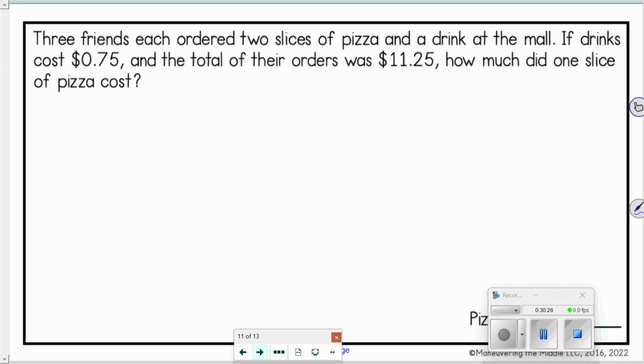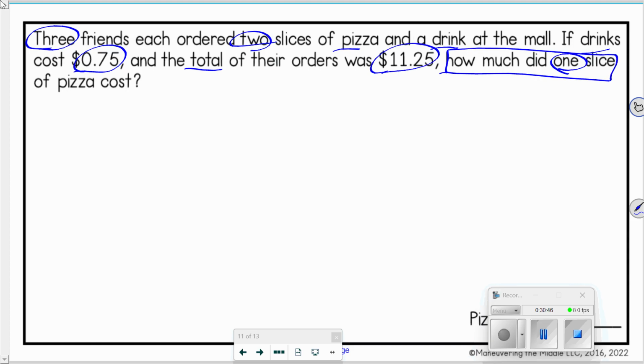Okay. 3 friends each ordered 2 slices of pizza and a drink at the mall. If drinks cost 75 cents and the total of the orders was $11.25, how much does one slice of pizza cost? There's our question. So this time they didn't give us a variable.